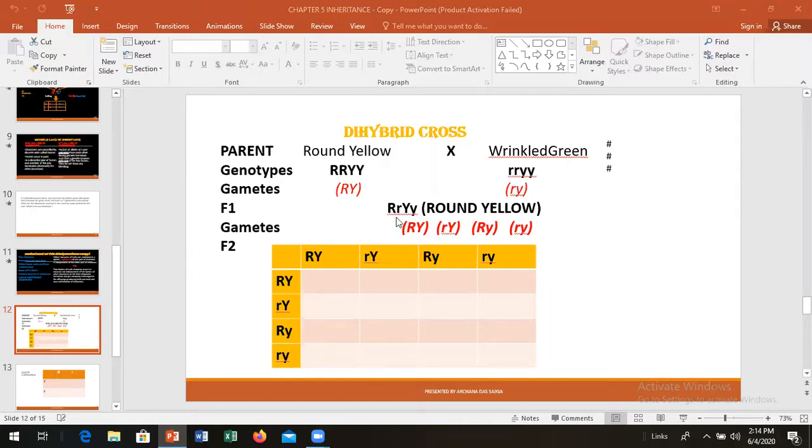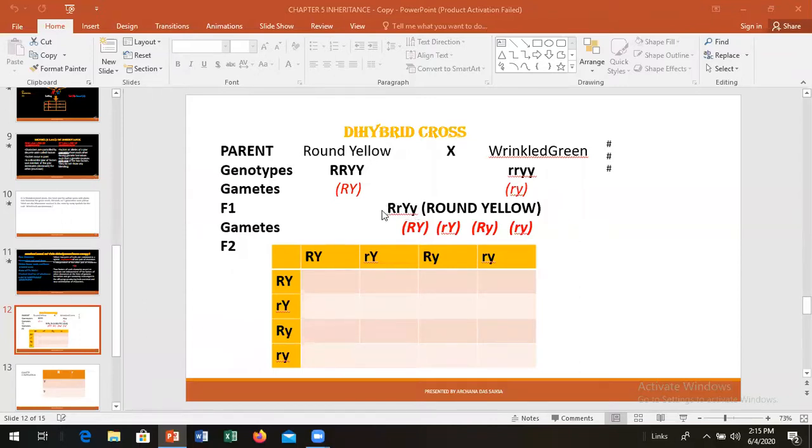Why 4? Because here the shape of seed is represented by 2 different factors, so the possibility of 2 types of gametes. Then again, there are 2 different factors for color of seed, so again the possibility of 2 types of gametes.